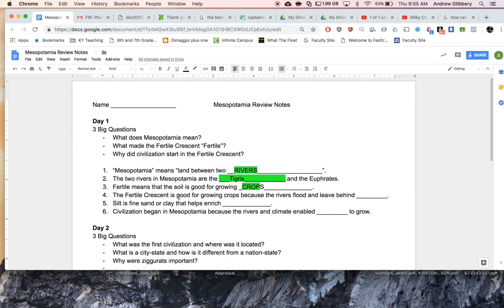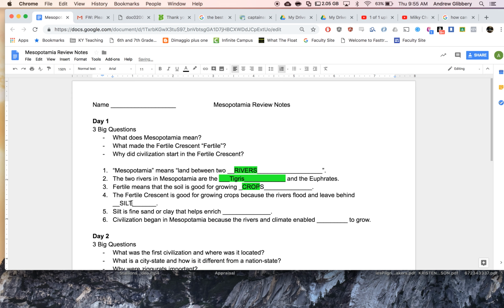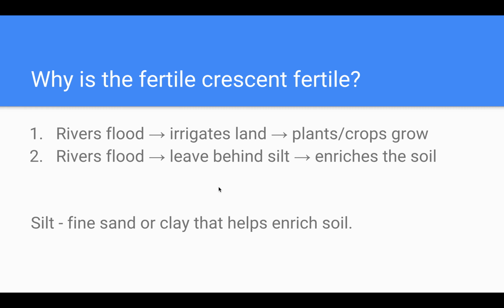Number 4, the Fertile Crescent is good for growing crops because the rivers flood and leave behind silt, S-I-L-T. Silt should be a word that you've come across before. As you look here, silt is fine sand or clay that helps enrich soil. What happens is that rivers flood, and that irrigates the land. That means it waters the land. It waters the soil, and this watering of the soil allows plants and crops to grow.